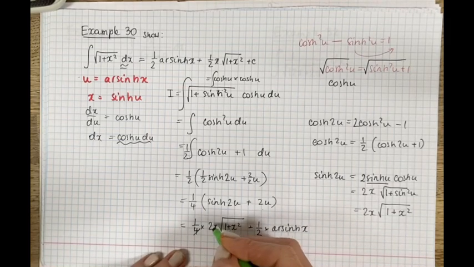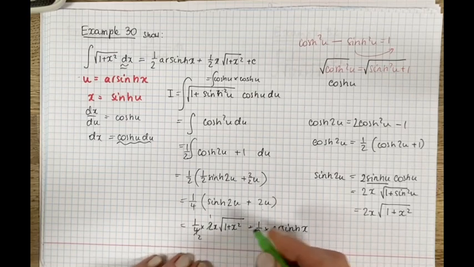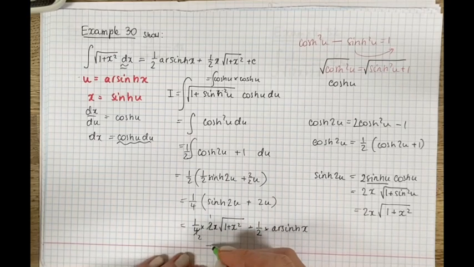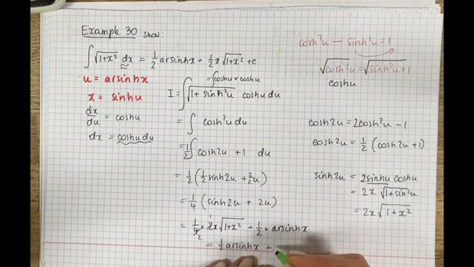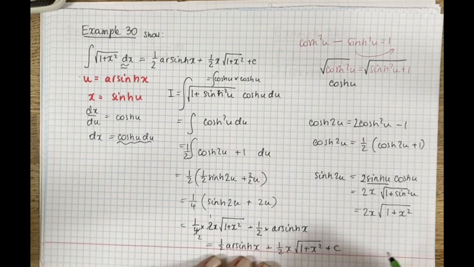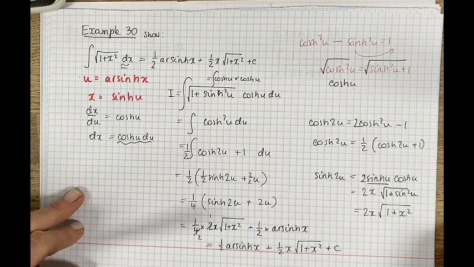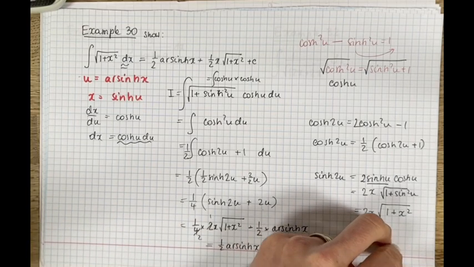Okay, so just finally tidy this up and move the half arsinh x to the front, and you've got a half x square root of 1 plus x squared plus c. Perfect. Do have a go at this kind of example. Do it a few times in case it crops up in your exam.